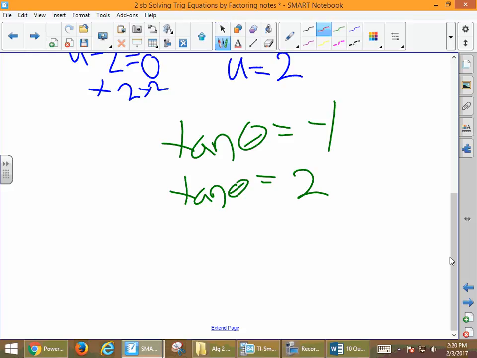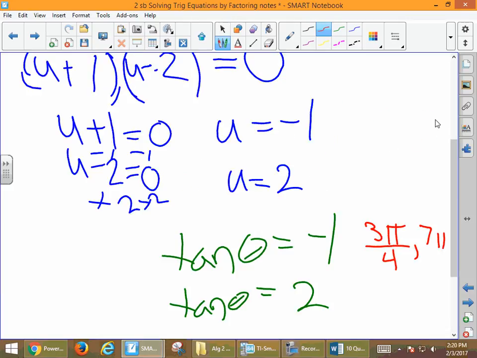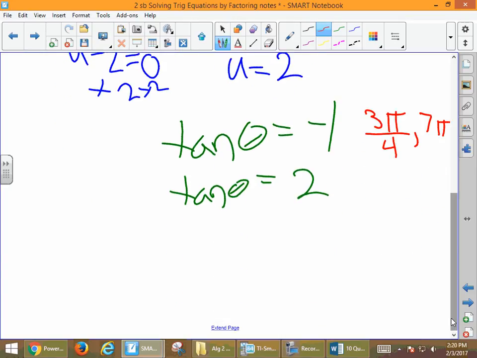So now, at what angle is tangent of theta equal to negative 1? 5 pi over 4. No, 3 pi over 4. And one other, 7 pi over 4.